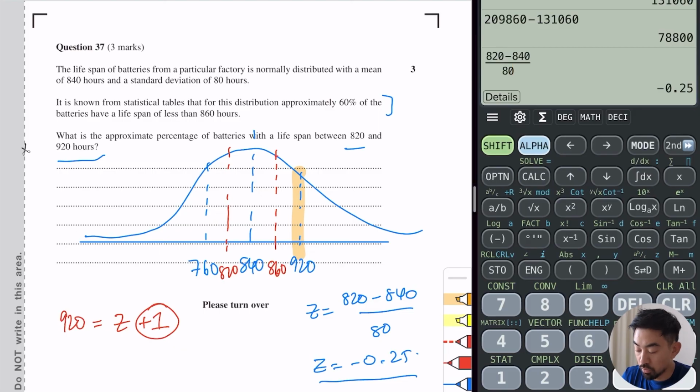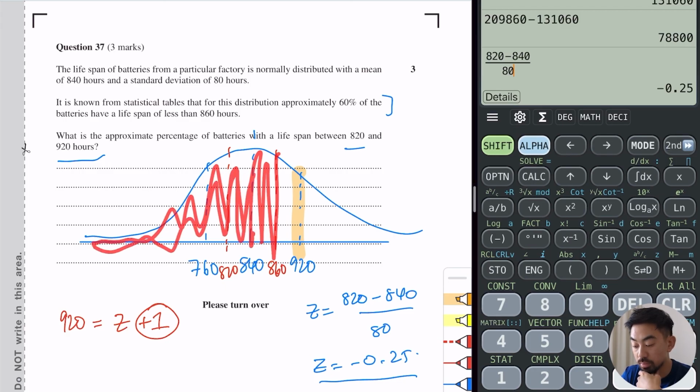Now, if you really pay careful attention, you'll notice that 820 and 860 are same distance either side of 840. So they're 20 hours apart. It also says here that for 860, anything less than 860, anything to the left of that, so once again, anything to the left that has a probability of 60%.